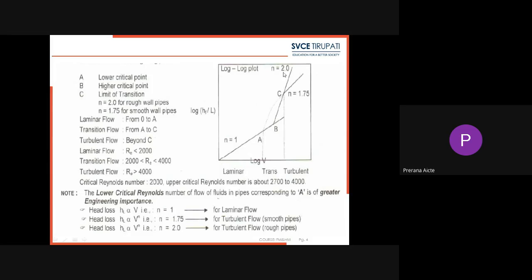At point C, the slope n is 1.75, and beyond C, the slope is 2.